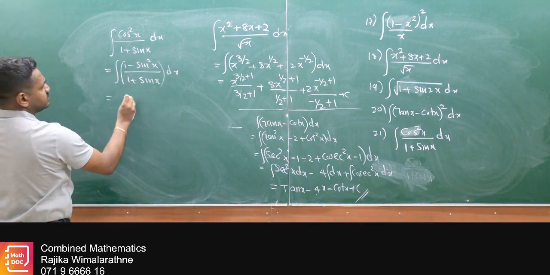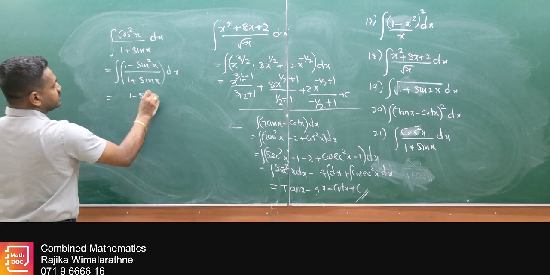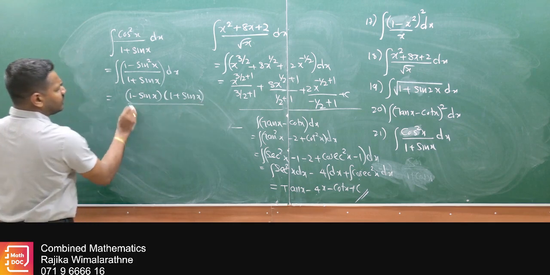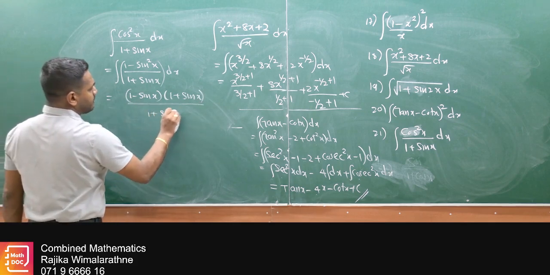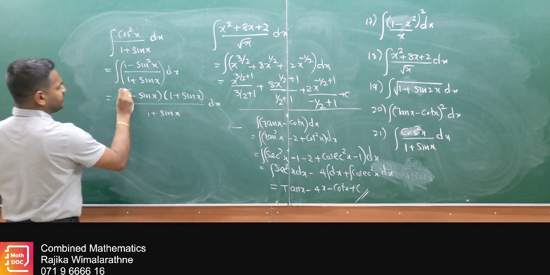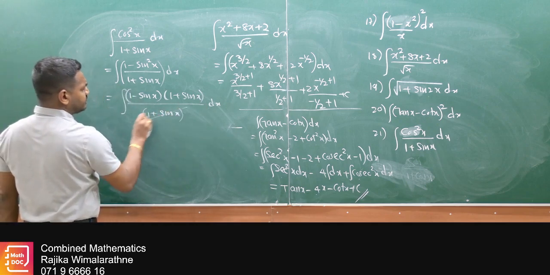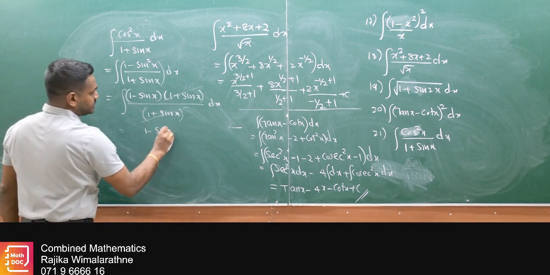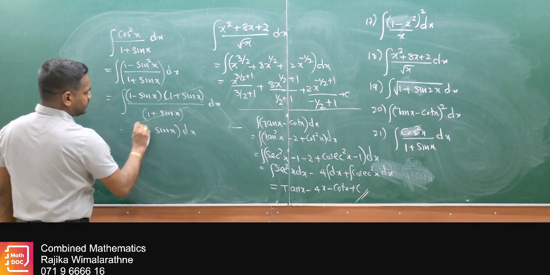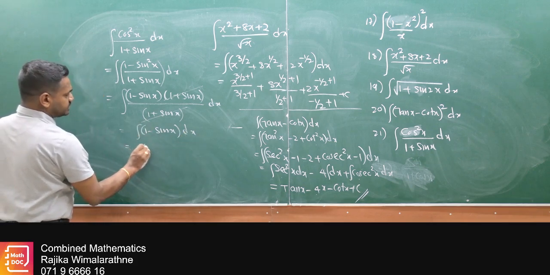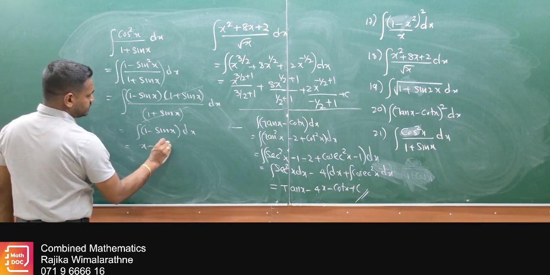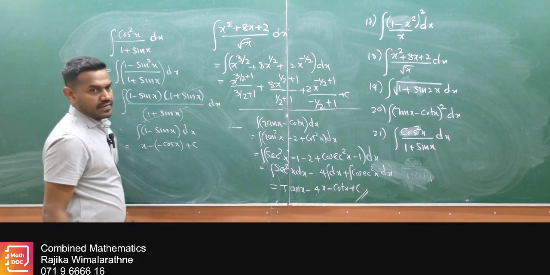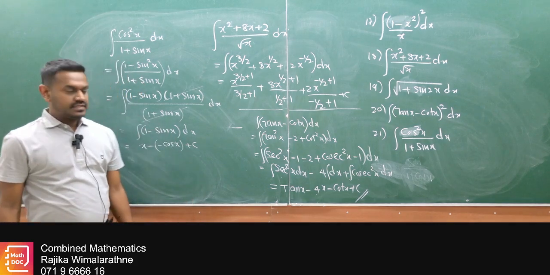Now factorize: (1 minus sin x)(1 plus sin x) over 1 plus sin x dx. Now cancel this factor. Now 1 minus sin x dx. The integral of 1 is x, integral of sin is minus cos, plus c. Okay. Simplify, then integrate.